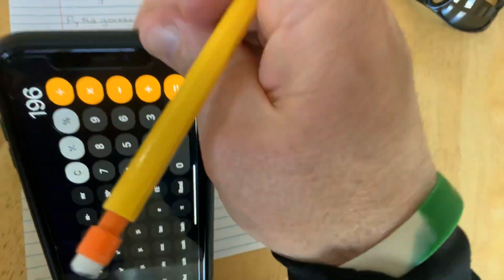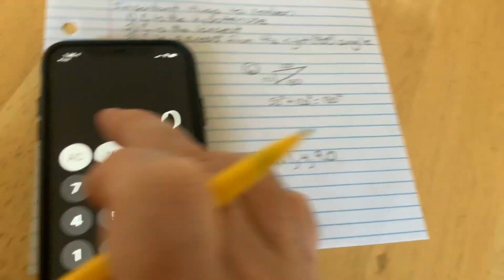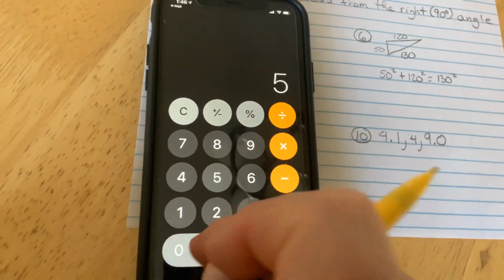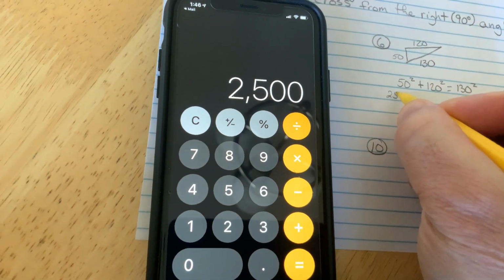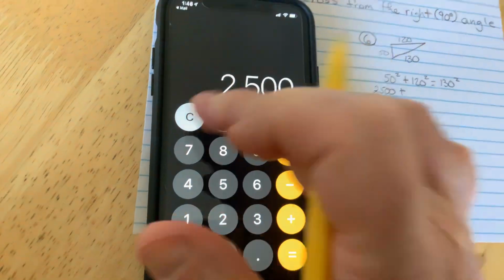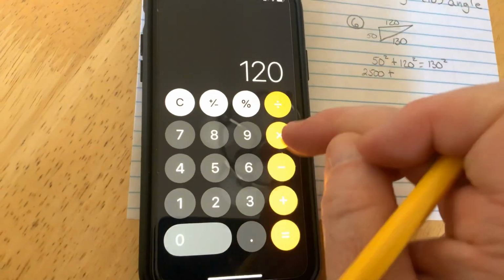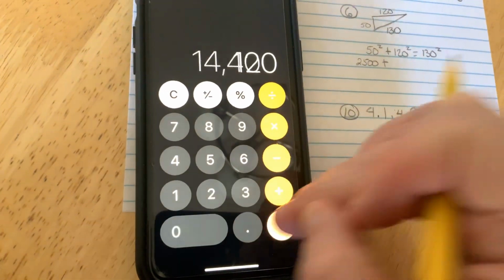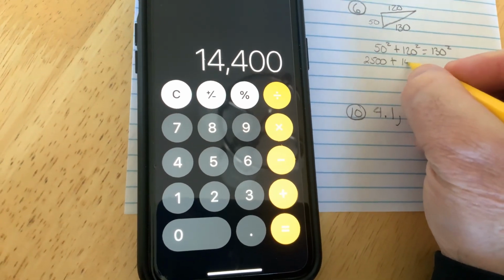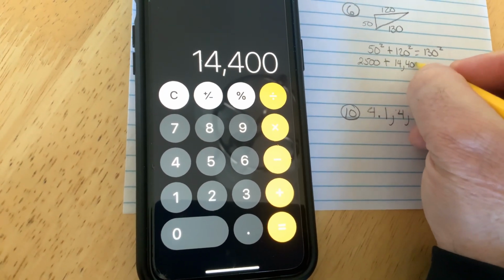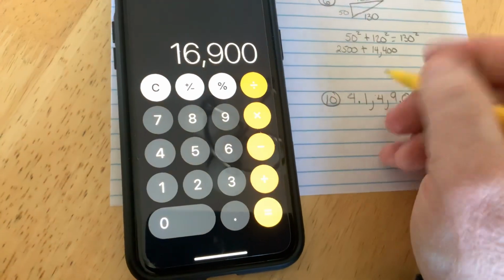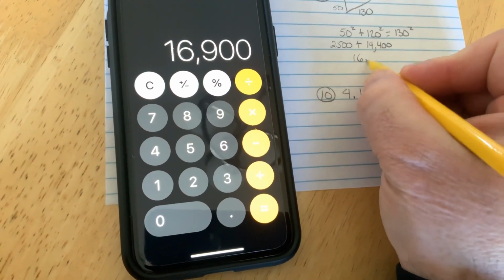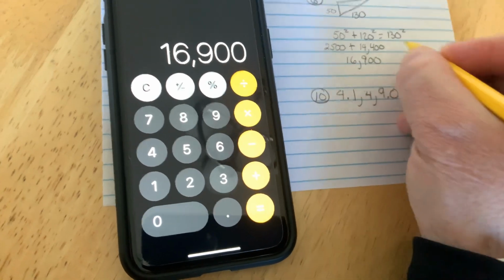Again, if I take my calculator and go 50 times 50, that's 2,500. 120 times 120 equals 14,400. Now I add those two together and I get 16,900.